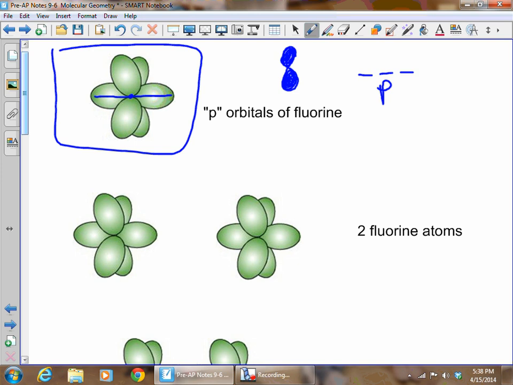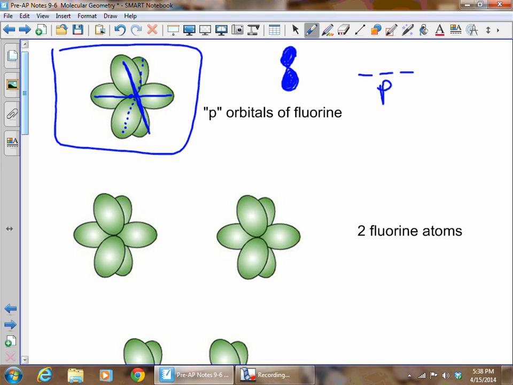We can call this the y-axis, though it's a little off-center, and then we can think of this as the z-axis going back into the board. I really didn't do a very good job of showing those attached to the nucleus, but my point is that we would have all 3 of those orbitals around that central point, and that would represent a set of P orbitals, a P sublevel.